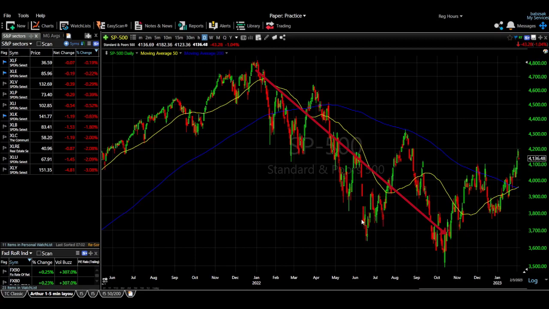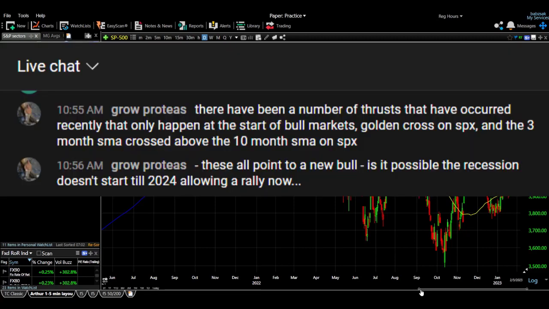A quick, easy, dirty way, I think, to identify them would be the 200-day would basically represent your primary trend. It's pointing down and heading lower. The 50-day would more represent your intermediate trend. And I would say the 22-day or somewhere in there would be the sub-intermediate trend. So when we talked about golden crosses, and let me just see if I got this question right, these all point to bull market.